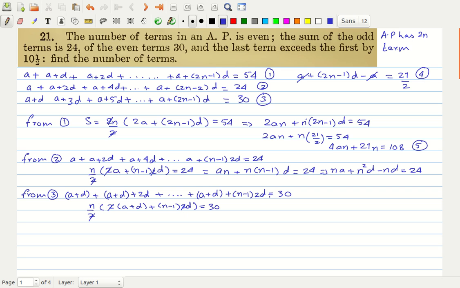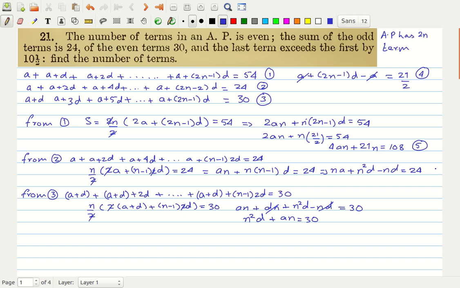So what you have is an plus bn plus n square d minus nd is equal to 30, and dn minus nd cancels, so you get n square d plus an is equal to 30, right?